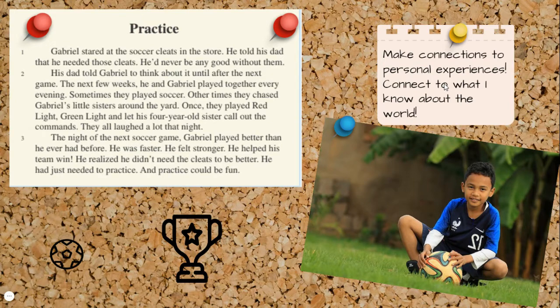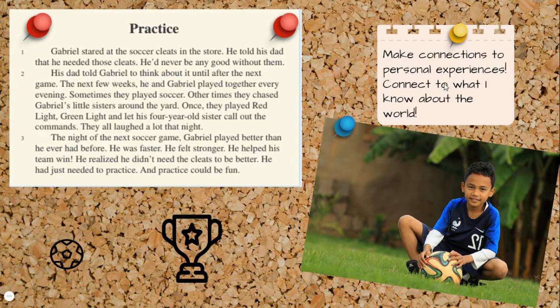Let's continue the story. His dad told Gabriel to think about it until the next game. The next few weeks, he and Gabriel played together every evening. Sometimes they played soccer. Other times they chased Gabriel's little sisters around the yard. Once they played red light, green light, and let his 4-year-old sister call out the commands.